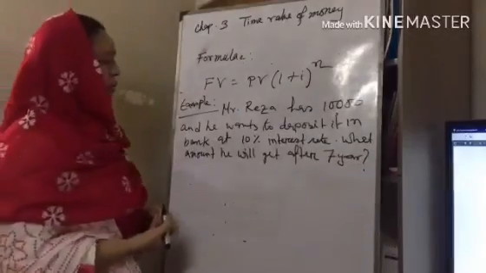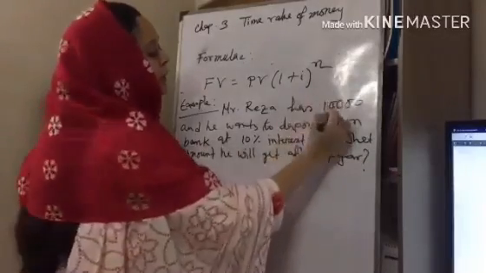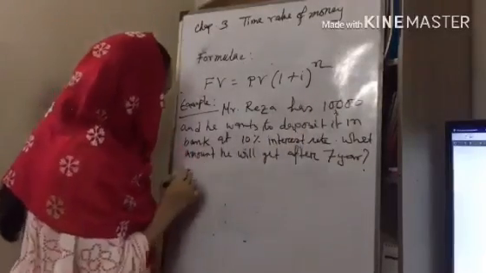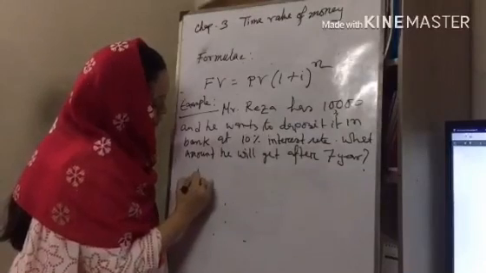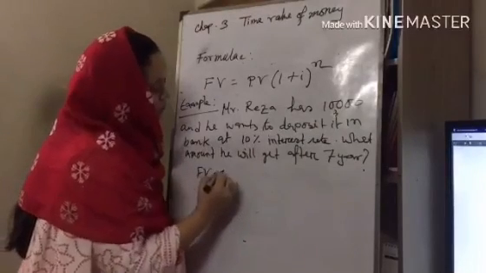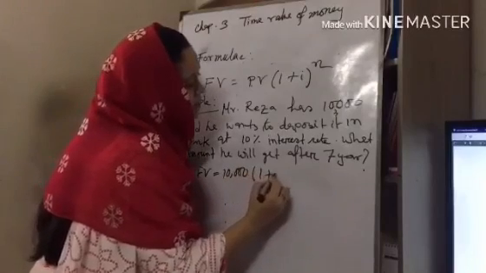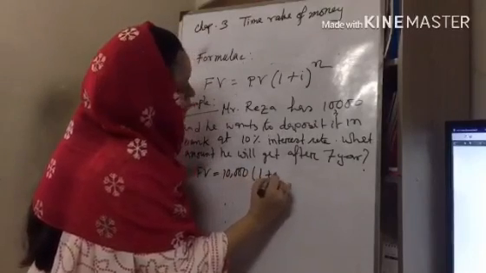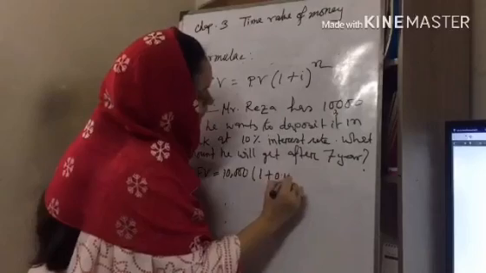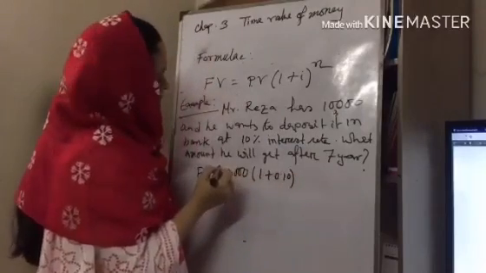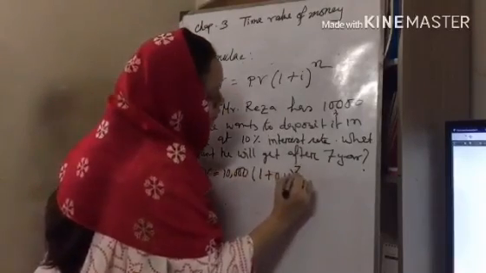So we can find out the future value of 10,000 by this formula. Future value equals 10,000 times 1 plus I, the value of I is 0.10, and the number of years 7, to the power 7.